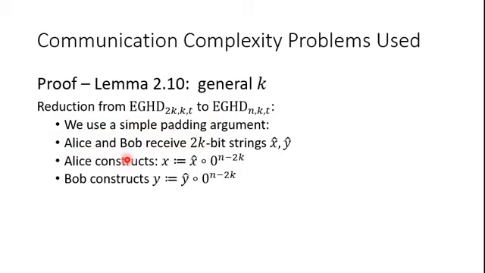In this case, what Alice and Bob do is they receive a 2k bit string each. So Alice gets x hat and Bob gets y hat. And Alice simply constructs x, which is x hat with n minus 2k zeros concatenated to the end of it, and Bob constructs y very similarly, with y hat and n minus 2k zeros concatenated to y hat.